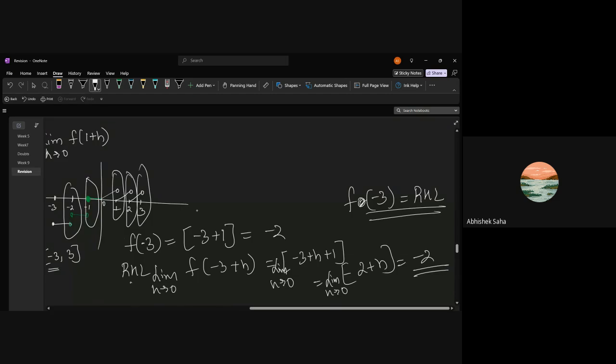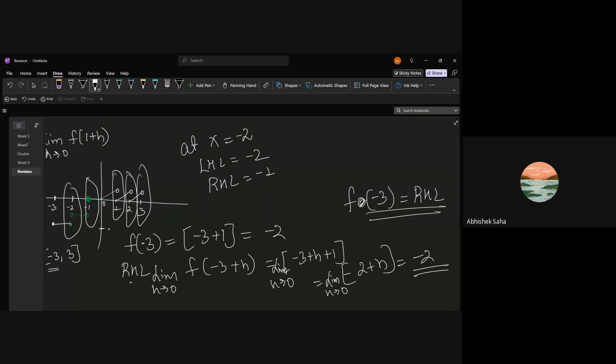At -2, we will check. At x equal to -2, the left hand limit is -2, but the right hand limit is -1.